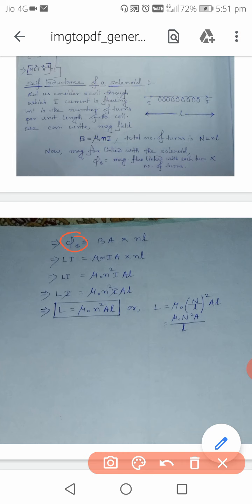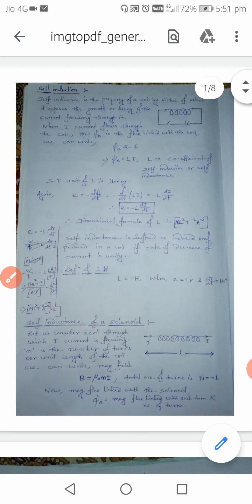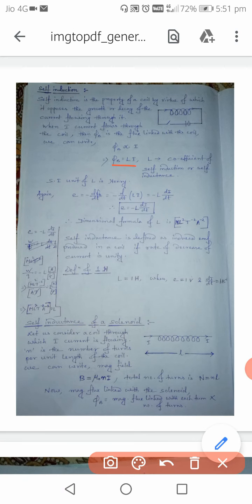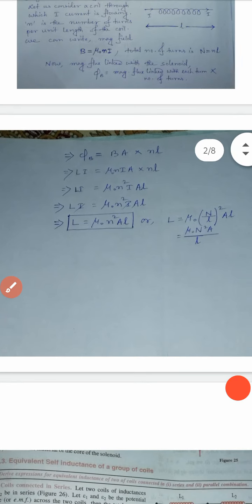Then in place of phi B we can write Li. Phi B means Li, no? This one, phi B equals Li. Okay, we have used this here because we are finding an expression for L, self-inductance. So from this you just simplify, multiply, we get n, and n becomes n squared. Then this I and I get cancelled and we get the expression for self-inductance, mu naught n squared A l.